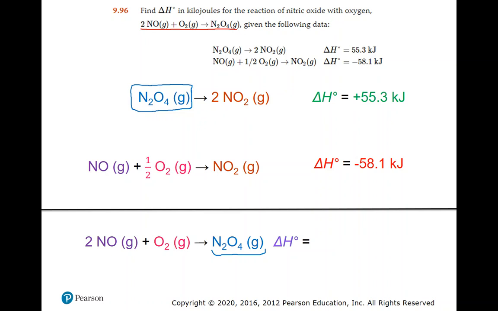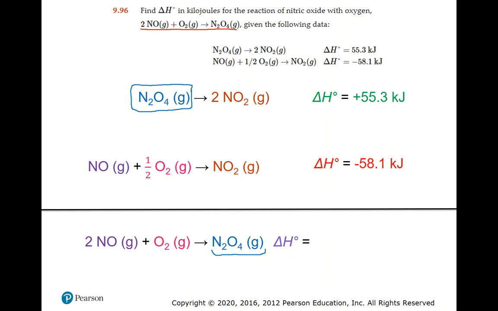So you're flipping around the sign. Furthermore, besides flipping something, we can also go through and multiply by some coefficient. So multiply all the coefficients in some reaction by a constant factor, and that will multiply our enthalpy change by the same factor.